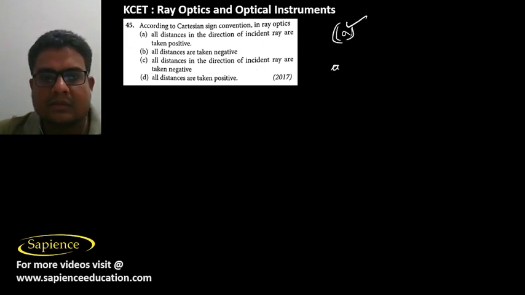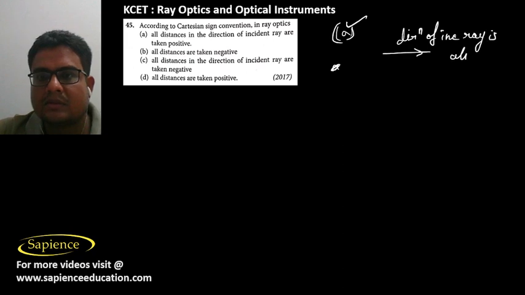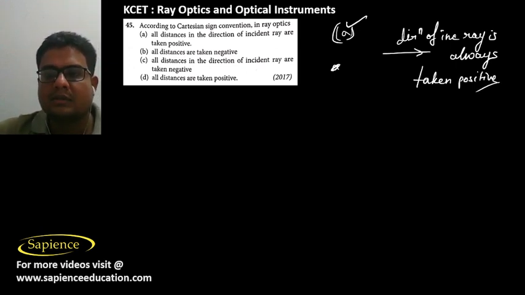The direction of the incident ray is always taken positive. So this is the Cartesian sign convention in ray optics.